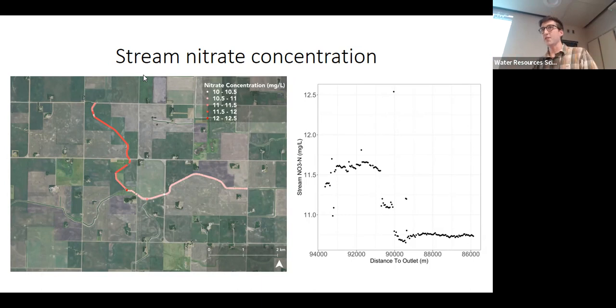So we have this method to collect data in the stream, this method to acquire data from the landscape using ACPF, and we have this method to analyze the two, accounting for spatial autocorrelation using these statistical models. So next steps are to apply this framework to understand more of these nuanced relationships. Like if you were to convert a single field to perennial grasses from a corn rotation, would you see a decrease in the nitrate concentration of water leaving that area of the watershed?